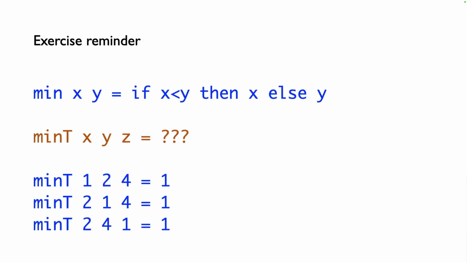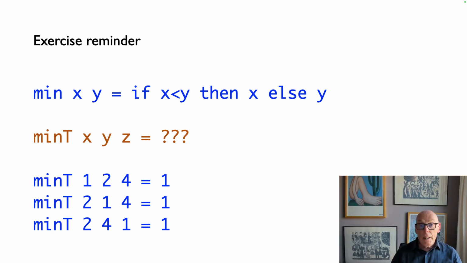But another thing we can do with Booleans is use them in conditionals. And we saw in an exercise that we looked at earlier on, a definition of a minimum function which used the if then else operation, the operation which says if x less than y, the answer is x, otherwise it's y. And I asked you what a good definition of the minimum of 3 was.